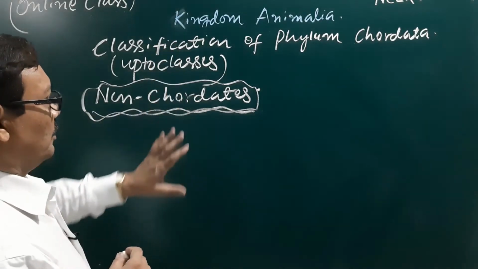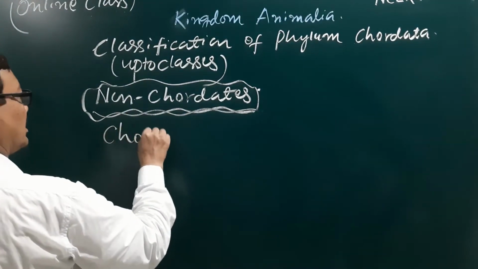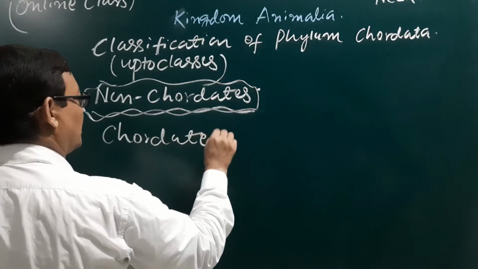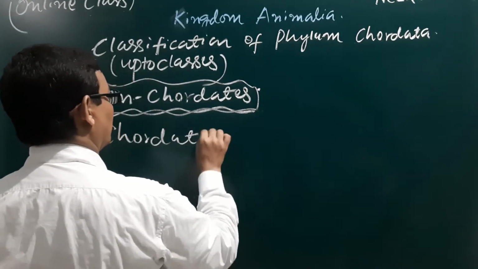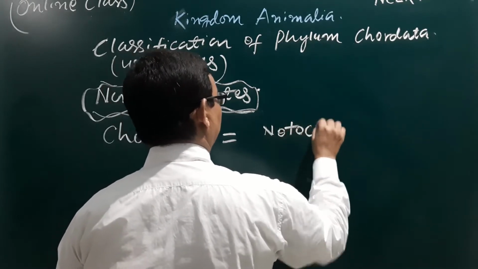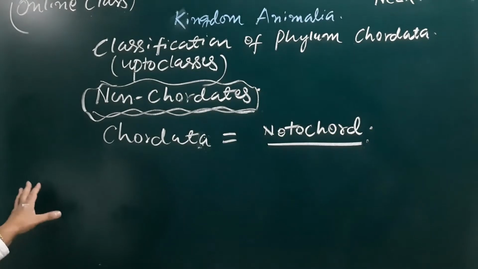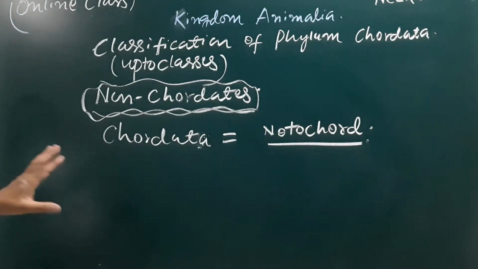But now we will start the chordata, where there is a notochord, the string or rod-like structure on the dorsal side.